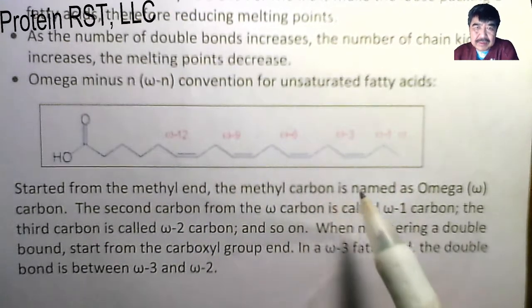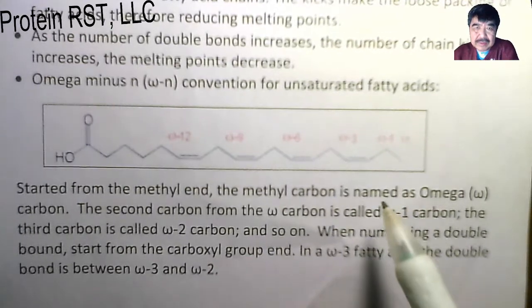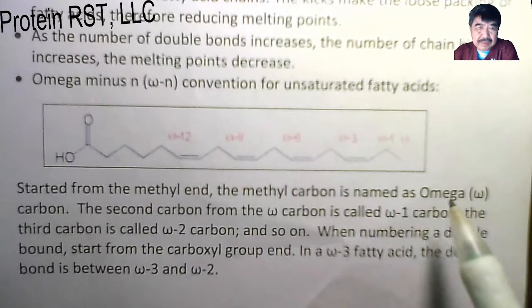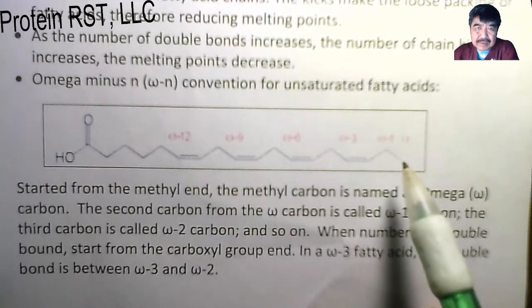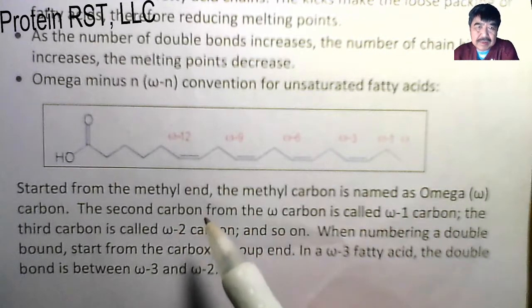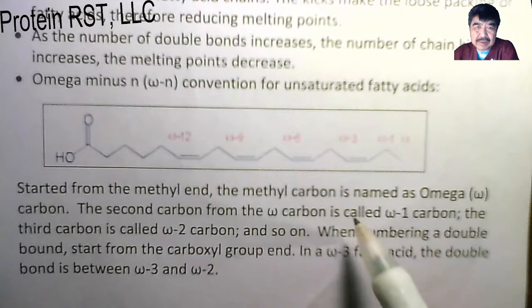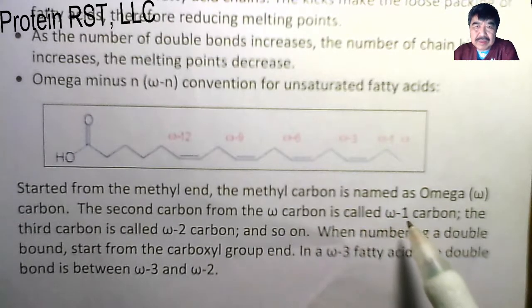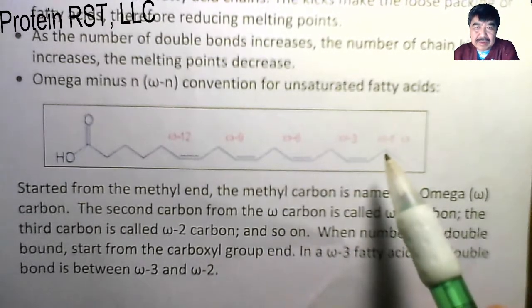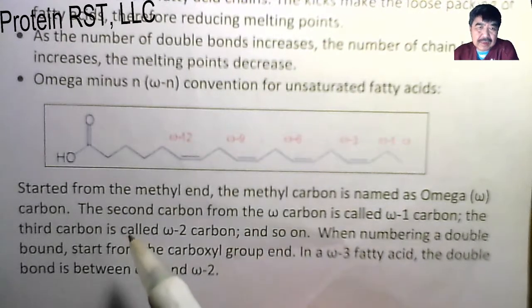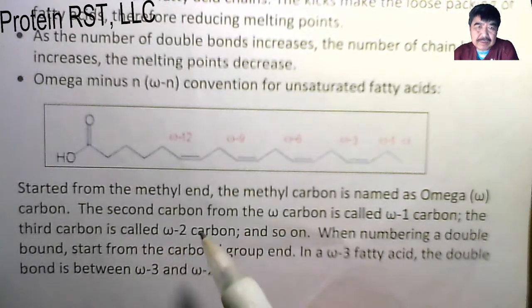The methyl carbon is named omega carbon. This carbon is omega carbon. The second carbon from the omega carbon is called omega minus 1 carbon. The third carbon is called omega minus 2 carbon.